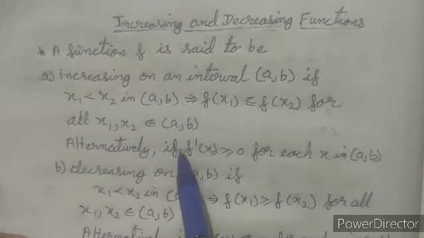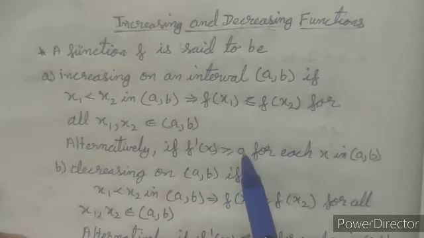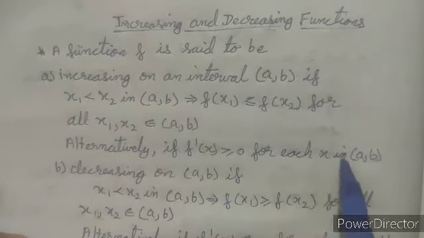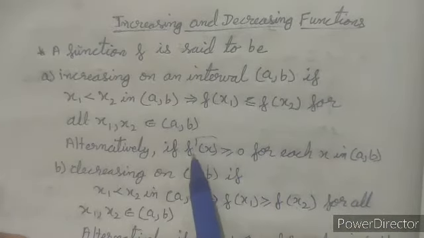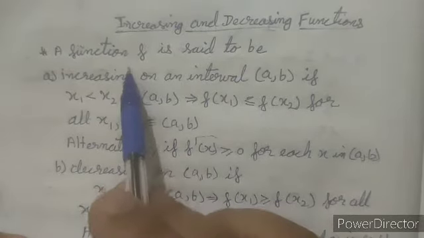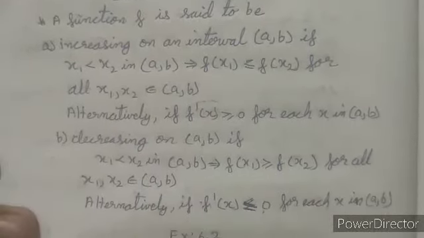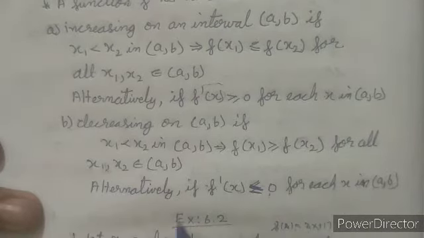Alternately, we can say that if f dash x is greater than or equal to 0 for each x in interval a b, then we can say that the function f(x) is increasing.